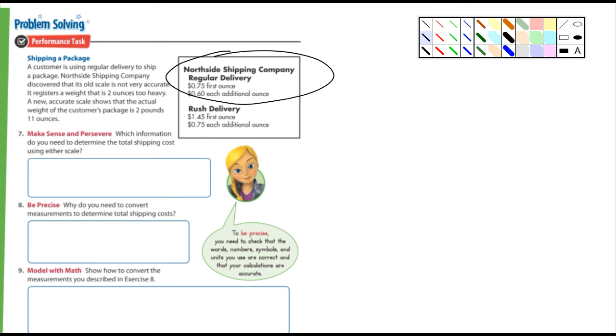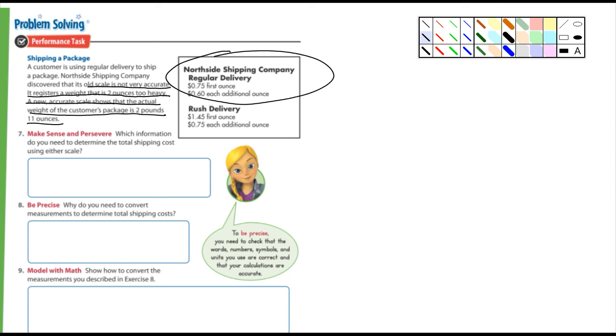Well, the fact that there's a new accurate scale shows that the weight of the customer's package is 2 pounds 11 ounces. You also need that information. And then you also need the fact that the old scale is not accurate and it registers a weight that is 2 ounces too heavy.